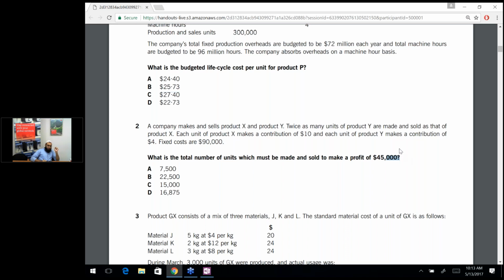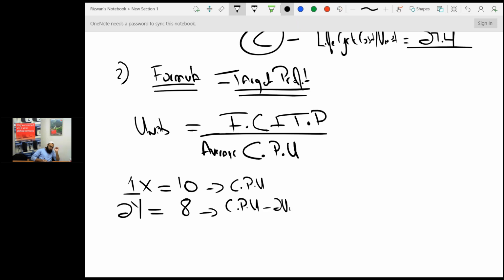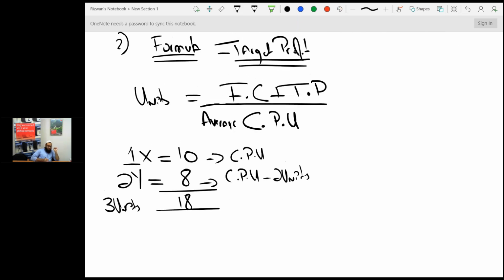So what do we need to do first? First we need to do a small calculation of average contribution per unit. According to the question, for 1X the contribution is 10. And with 1X, we sell 2Y, so the contribution of Y is 8. So the total contribution for 3 units is 18.